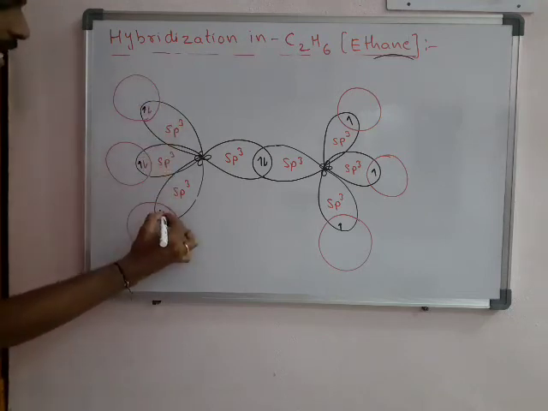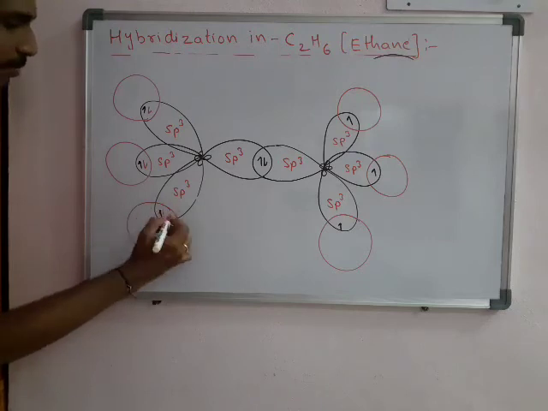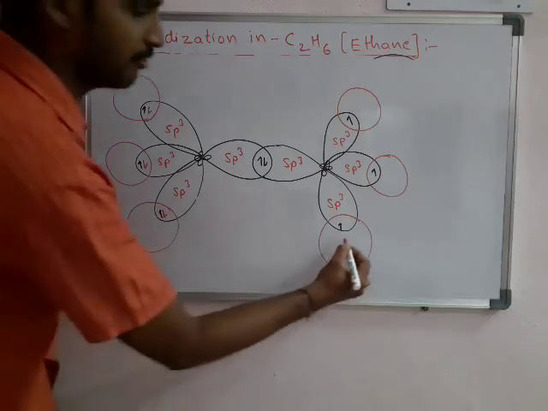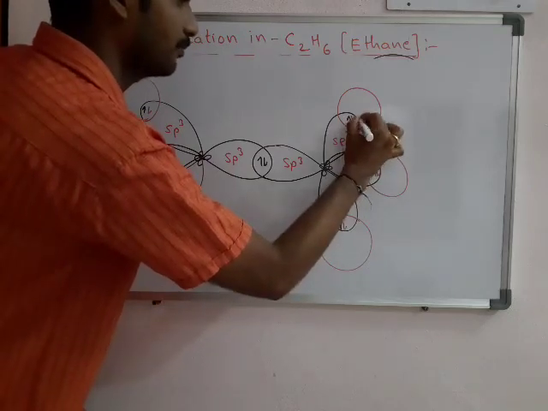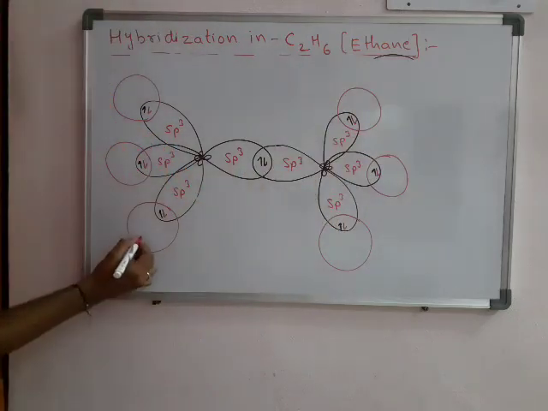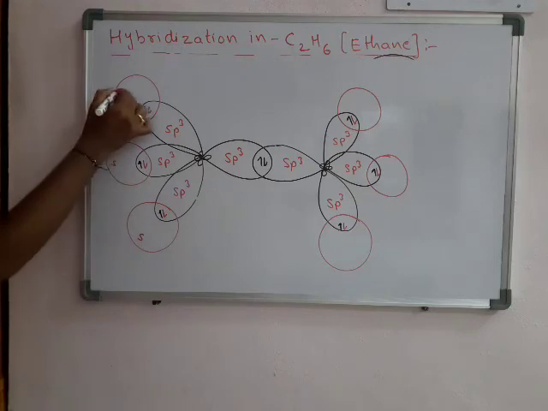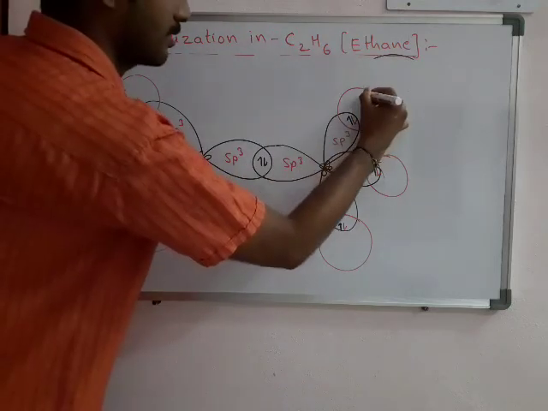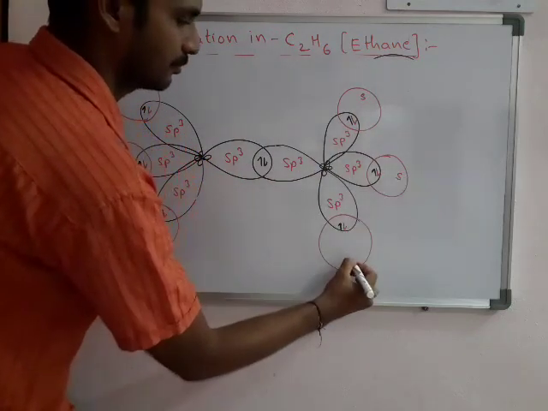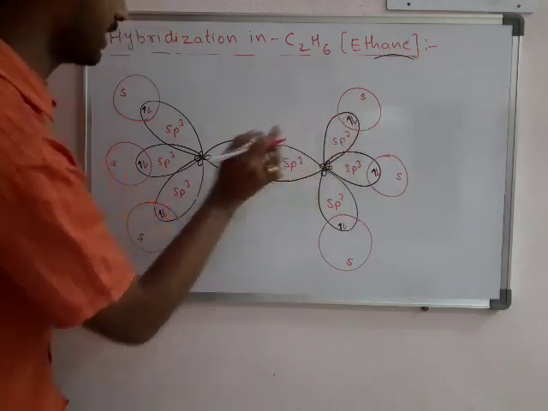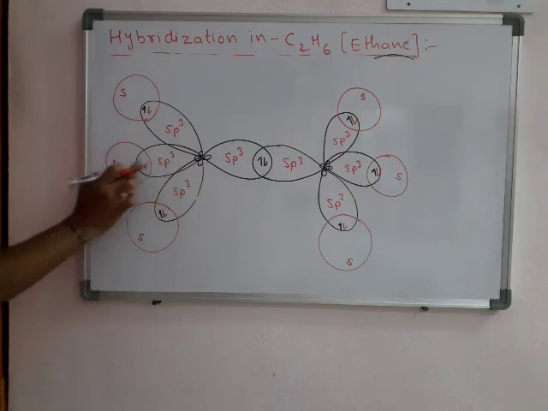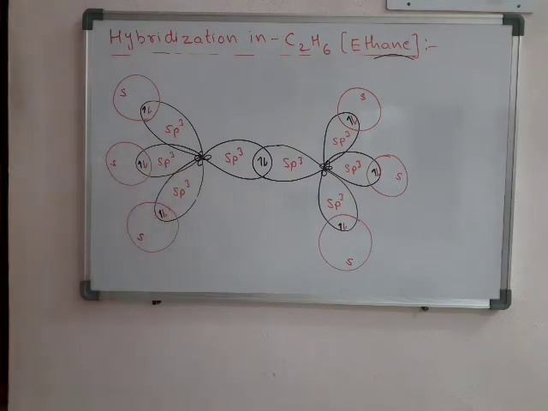All s orbitals have one unpaired electron, so they are ready for bond formation. So what is the overlap? Overlapping of which orbitals takes place? Overlapping of sp3s with s orbitals, 6 overlappings are present.